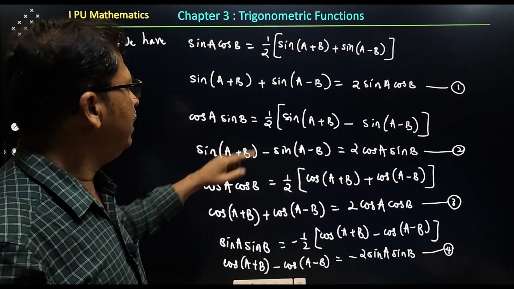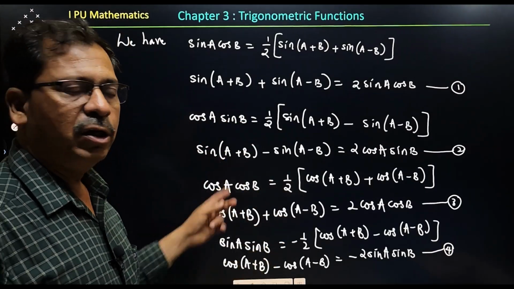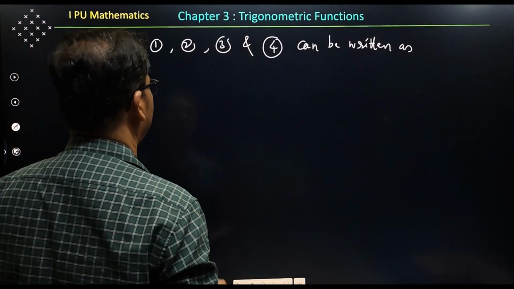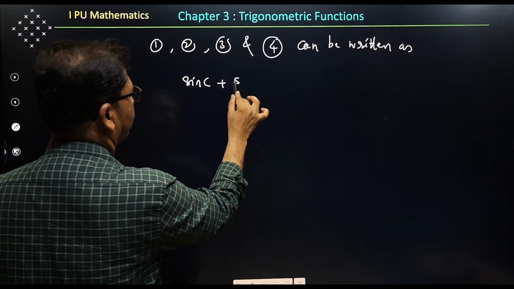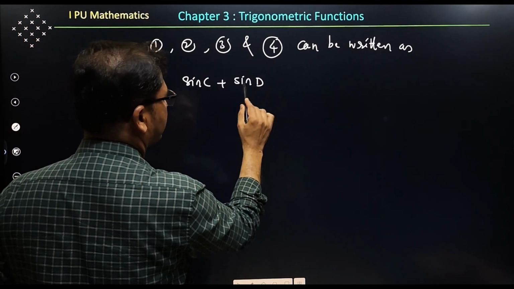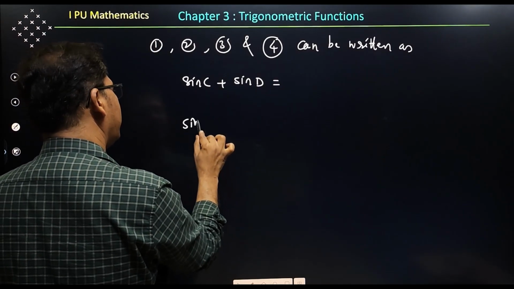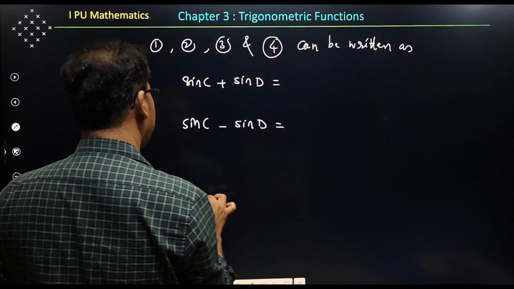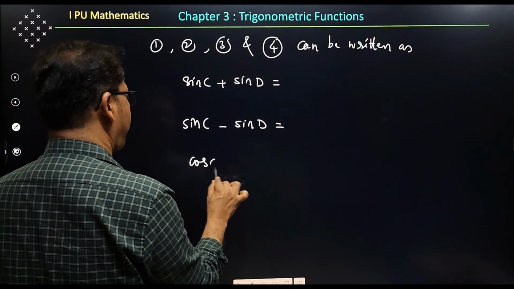Sin C plus sin D, sin C minus sin D, cos C plus cos D, cos C minus cos D. I am writing, please concentrate here. Sin C plus sin D. Sin C minus sin D. Cos C plus cos D.